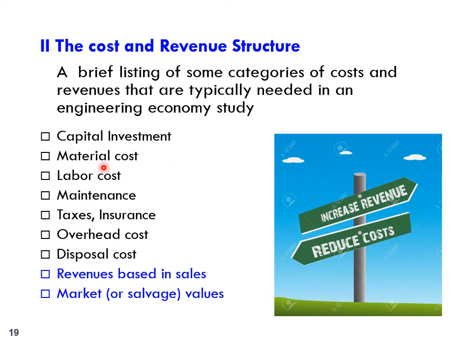So these are some categories of costs and revenues that are typically needed in an engineering economy study. Capital investment. This is the investment that we make at the beginning of the project. The material cost, if we need to use some materials, the cost of the labor, maintenance costs, taxes and insurance, the overhead costs, and disposal costs at the end of the product lifetime.